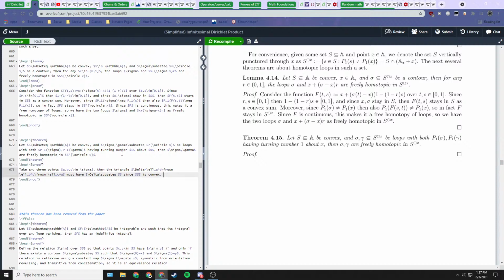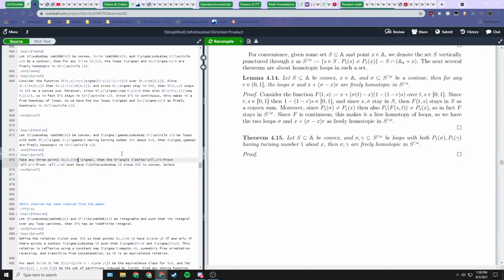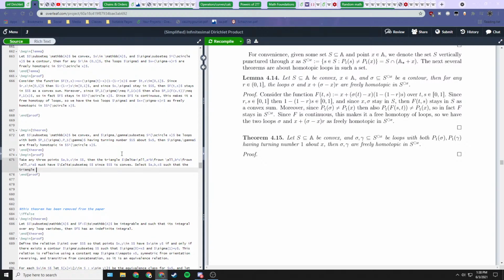And then we can say select A, B, C such that the triangle P1 of delta has the point P1 of X in its interior.